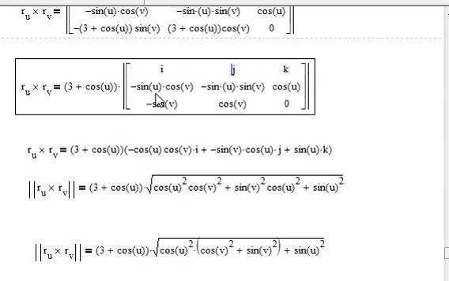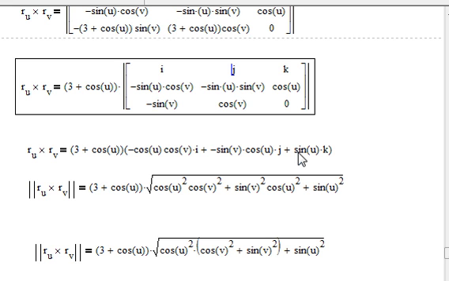That's cosine squared of v times negative sine of u, and this one is sine squared of v times negative sine of u, so that's negative sine of u factored out times 1.